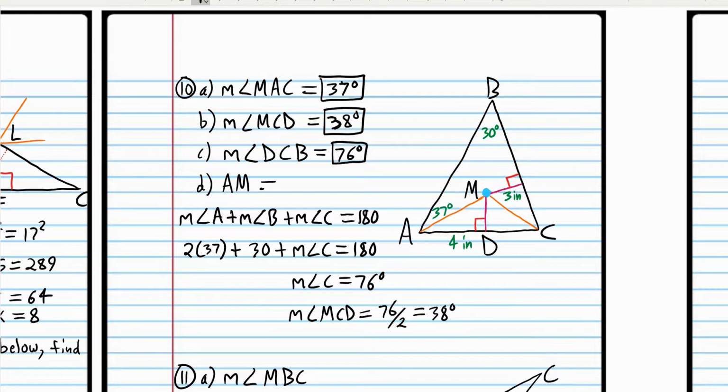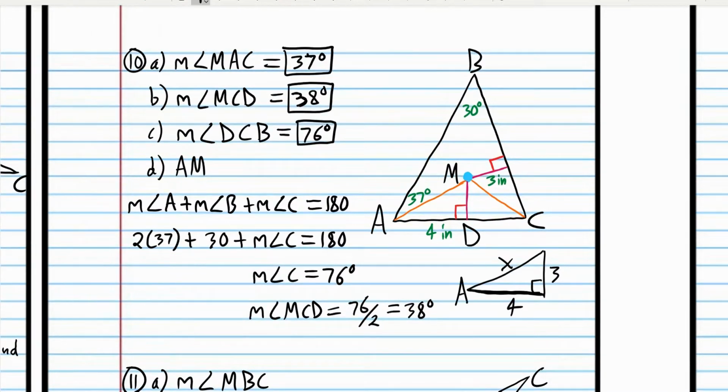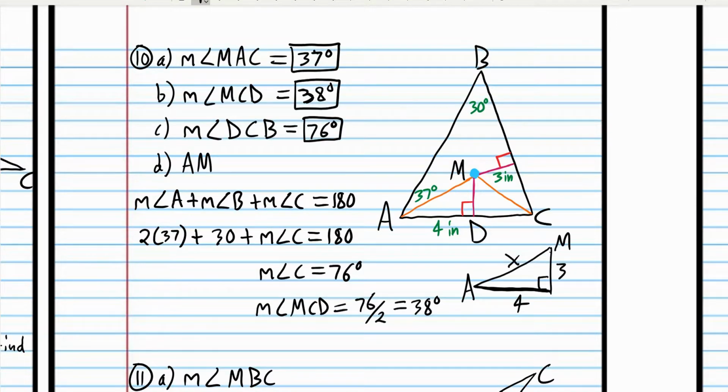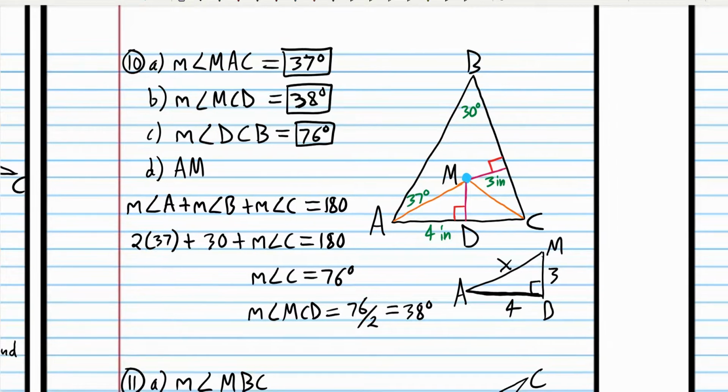So AM, actually we can't find AM yet. I gotta pull out that right triangle. We're partway there. We know this is a right angle there, because it says a right angle, and this is 3 inches, this is 4 inches, and we're looking for AM. So again, this is A, this is M, and this is D.